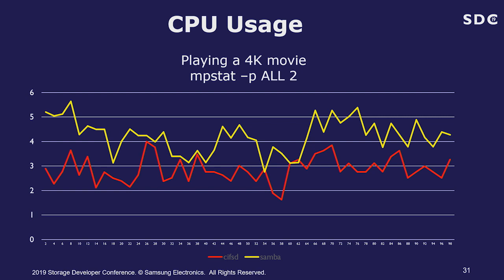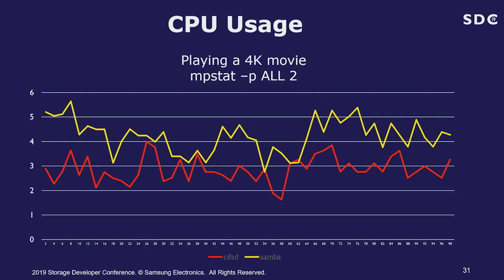We measured CPU usage between Samba and CIFSD. While playing a 4K movie, we measured the CPU usage for 2 seconds using the mpstat util on the server side. As you can see in the table, Samba CPU usage swings between 2.7% and 5.7%.